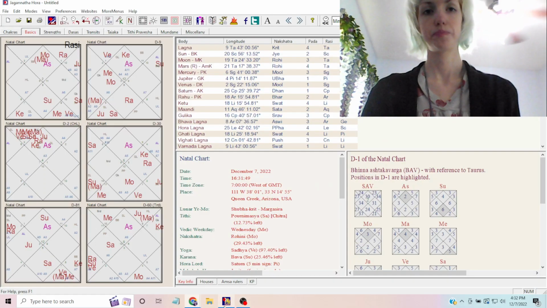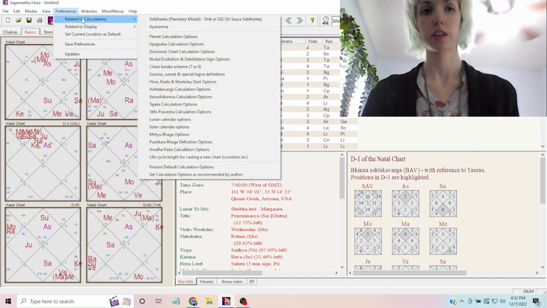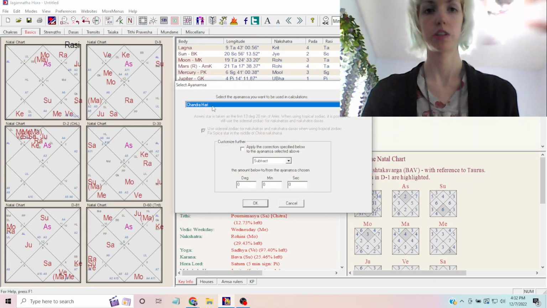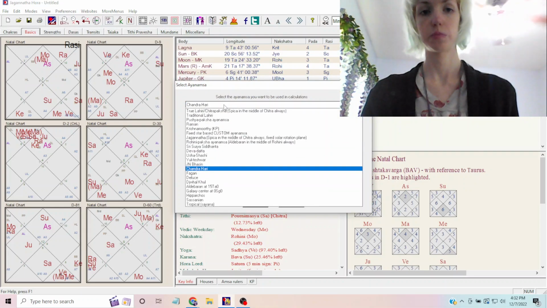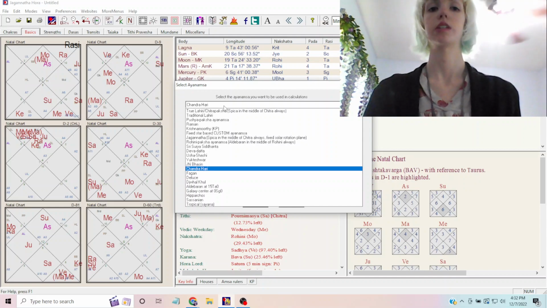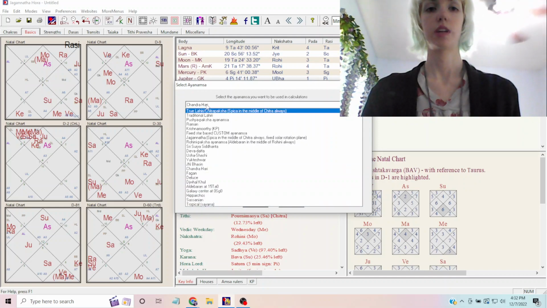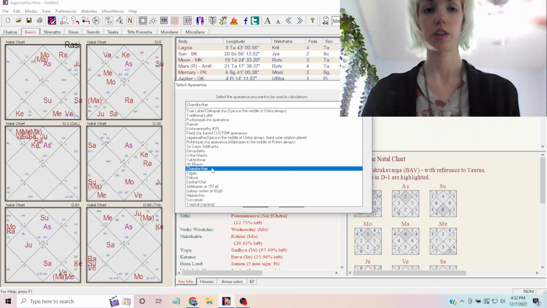On JHora, if you go to preferences and calculations, you can change your Ayanamsha. So if you want to use tropical or sidereal, that's where you choose it. Most people would use the True Lahiri Ayanamsha. I use Chandrahari when I'm doing sidereal.